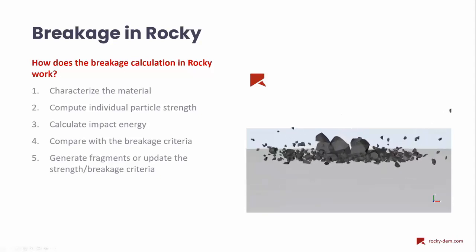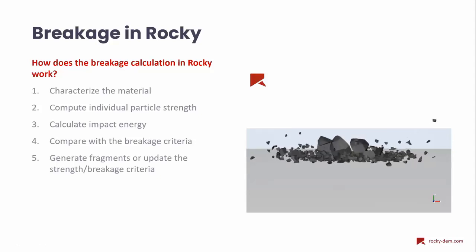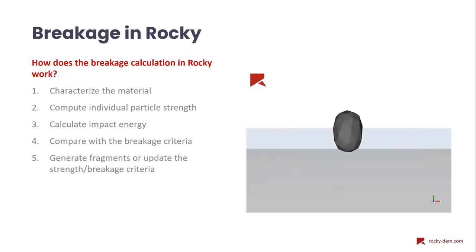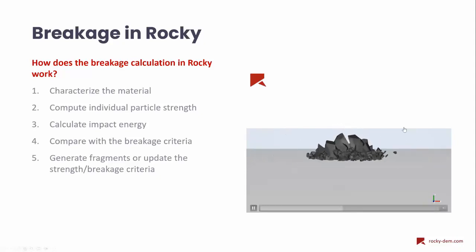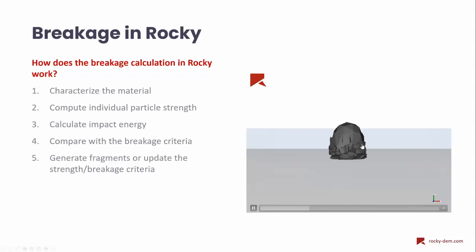Once that happens, Rocky will compute the expected size distribution of the fragments and will decompose the original particle into smaller non-regular shapes, as we can see here in the video, ensuring that both the mass and volume of the original particle are equal to those of the fragments.